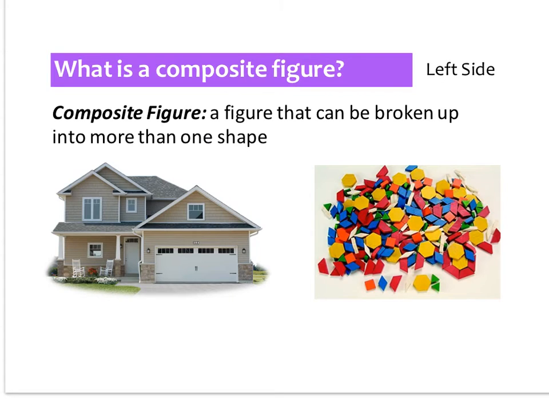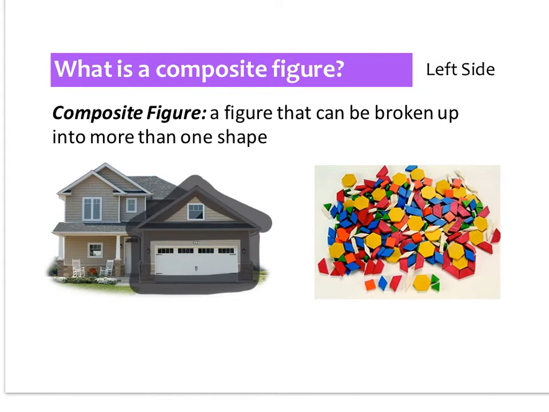So this is the cookie cutter definition of a composite figure. Go ahead and copy this on the left-hand side of your journal. A composite figure is a shape or figure that can be broken up into more than one. So let's take a look at this house here. As you can tell, the garage door here is a rectangle, and then the roof is a triangle.